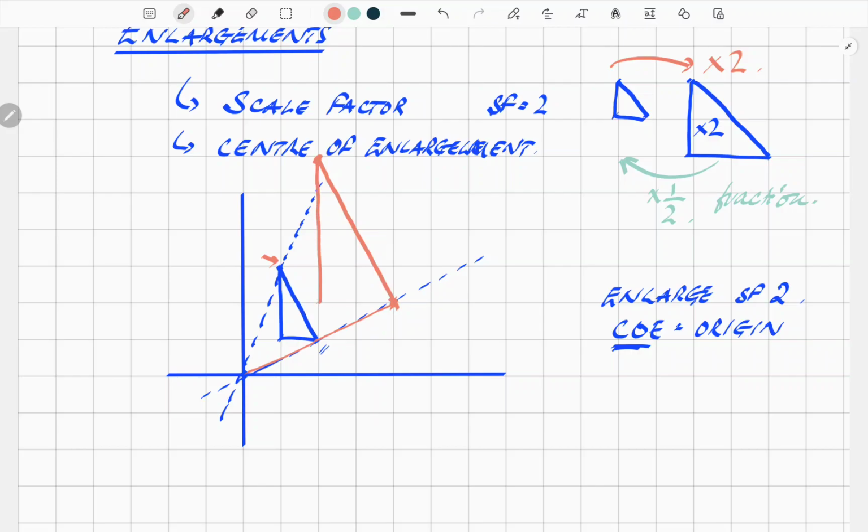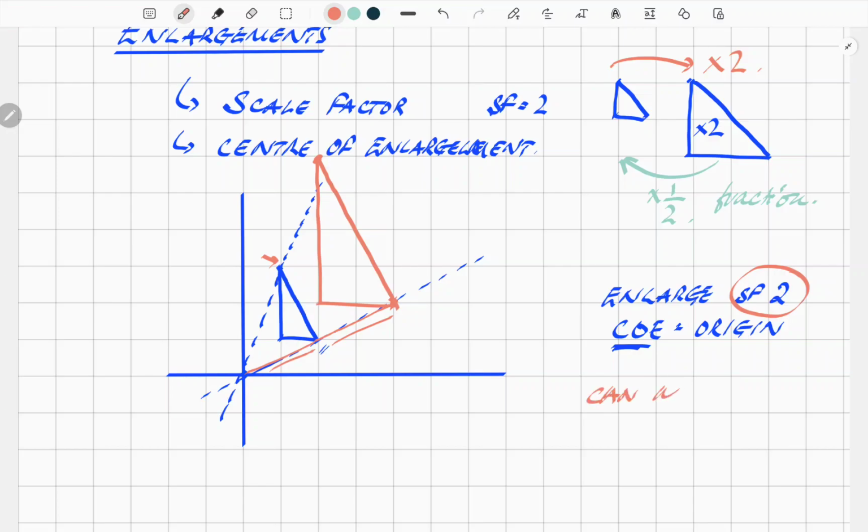So the point I'm trying to make is that you can either use a ruler and measure these distances and double them, or whatever the enlargement factor is, or you can count how many squares across, how many squares up, and then multiply those coordinates by the scale factor. I'm going to put that down because that's a shortcut.